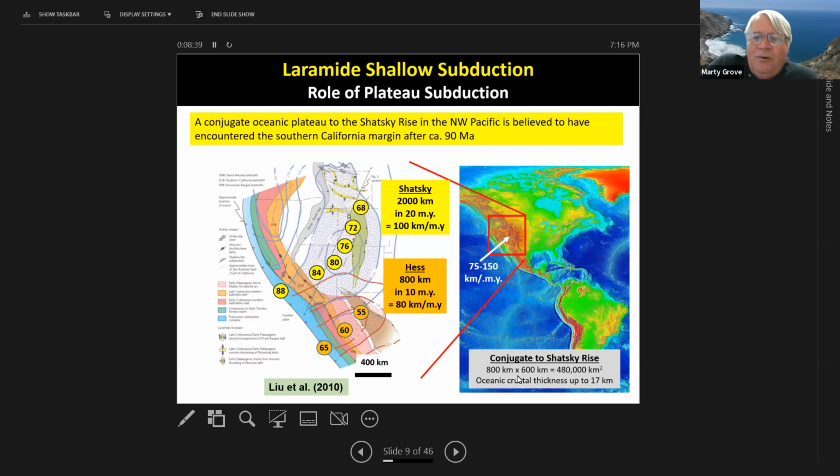This conjugate feature to the Shatsky Rise is thought to be a very large feature, 500,000 square kilometers in extent, a lateral dimension on the order approaching 800 kilometers or so, and involving oceanic crustal thicknesses up to 17 kilometers. So in a shallow subduction event, this is believed to have had a massive impact.